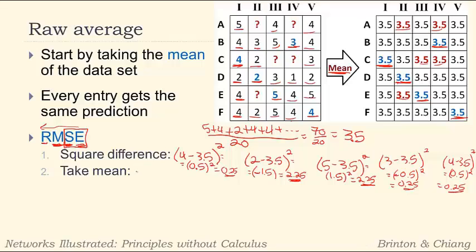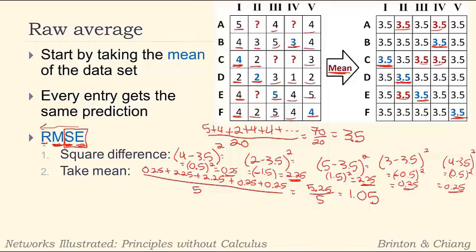So we do 0.25 plus 2.25 plus 2.25 plus 0.25 plus 0.25, and we divide that by 5 to get the mean. When we do this out, we get 5.25 over 5, which is 1.05 as the mean.